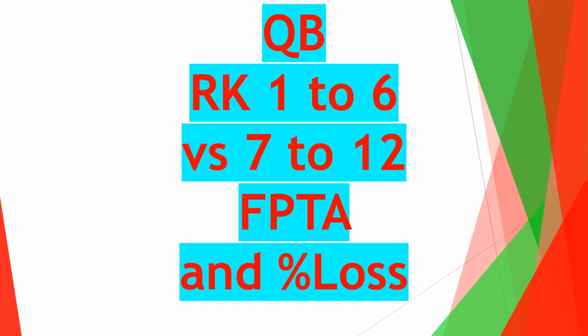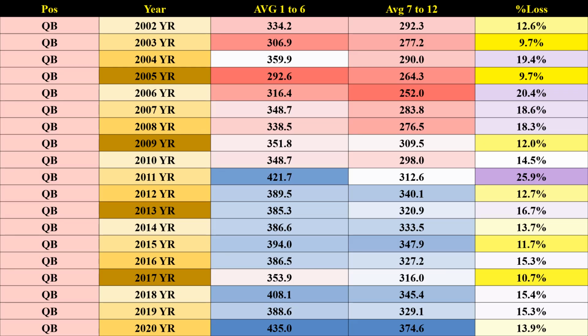That's a question we can use the data to address. And here we go: position, year, the average fantasy points of the top half, the average fantasy points of the bottom half of the top 12, and here's the percent loss if you're on average picking late versus early.